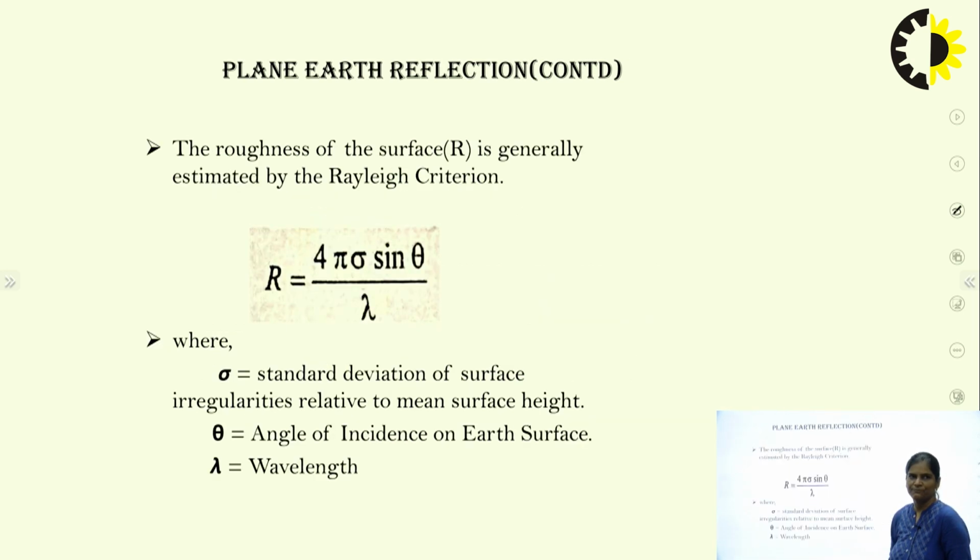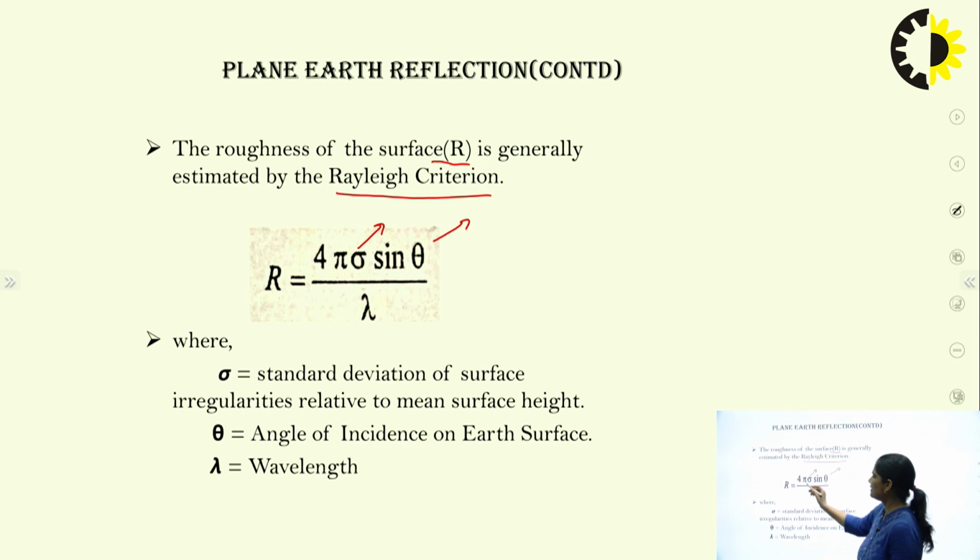Now, the roughness of the surface is represented by capital R, and it is generally estimated by the Rayleigh criteria. Its formula is R = 4πσ sinθ / λ. What do you mean by sigma? Sigma is the standard deviation of the surface, theta is the angle of incidence on the Earth's surface, and lambda is the wavelength.